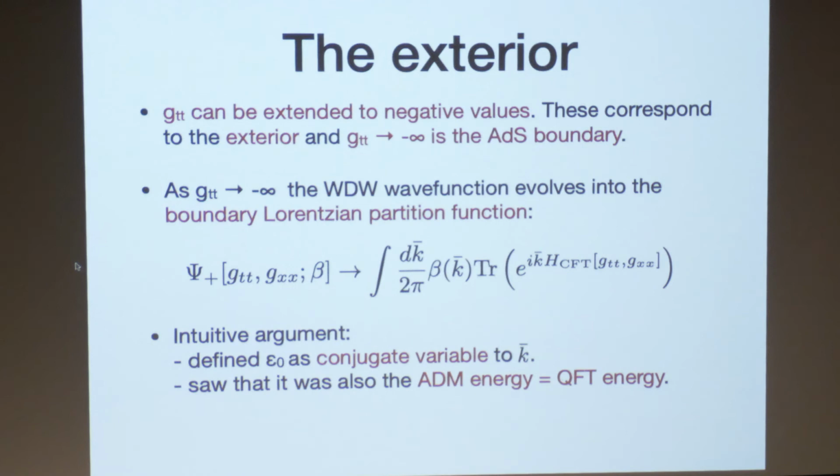So the way it works turns out to be that this state, the wave function that we wrote down before, which depended on GTT, GXX, and it had a whole function's worth of phase constant of integration, if you just integrate it using the Wheeler-DeWitt equation through the outside and all the way to the boundary, you still have this integral over k. There's a weighting of this k, and this is a partition function weighted by time.